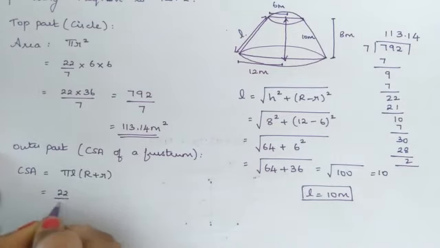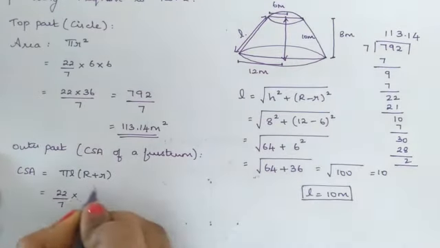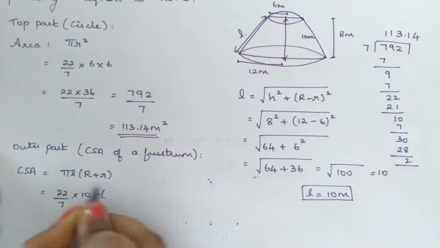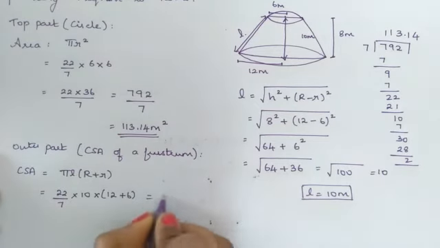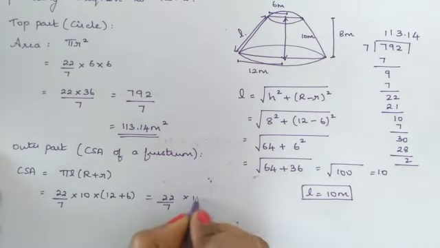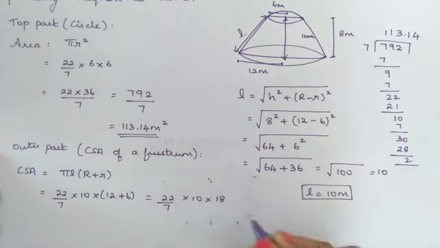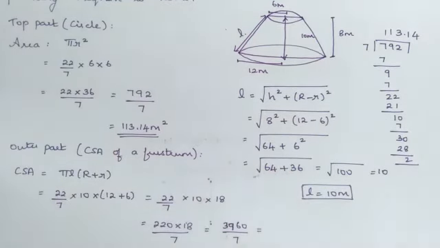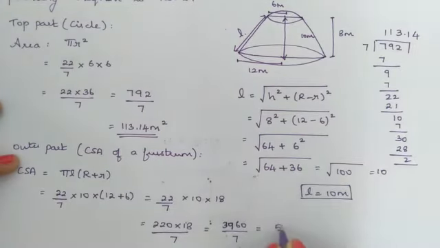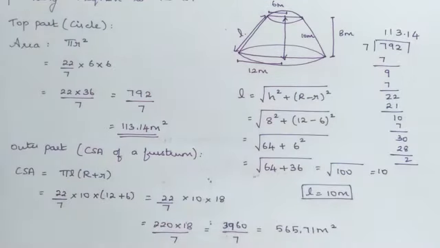So that is 22 by 7 into, what is L? 10 meters, we have identified it just now, into R plus r, 12 plus 6. What is that? 22 by 7 into 10 into 18. So this is 220 into 18 by 7. So that will be 3960. So 3960 divided by 7, if you find out, that's going to be 565.71 meter square. So this is the curved surface area of the frustum.